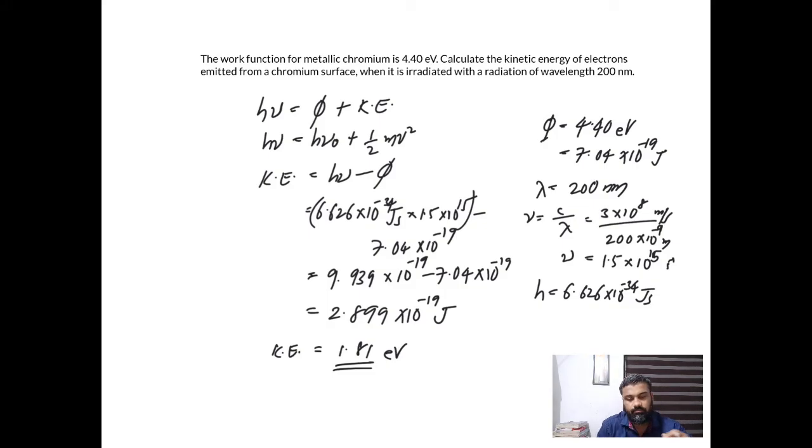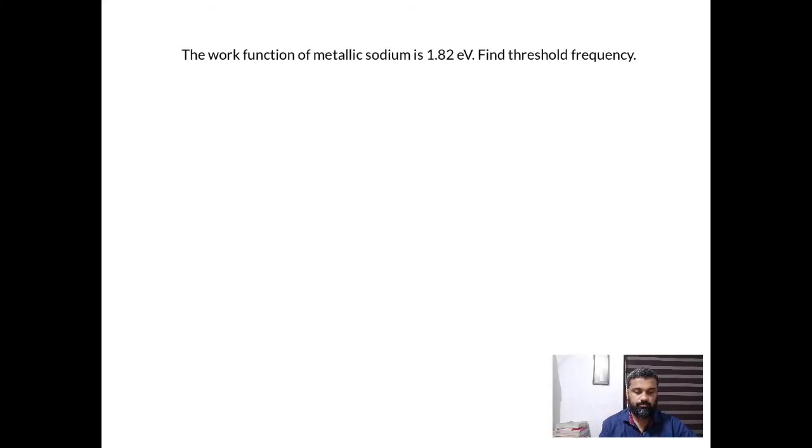Okay, now we will consider another problem. So let's consider another problem. Here the question is, the work function for metallic sodium is 1.82 electron volt. Find the threshold frequency.